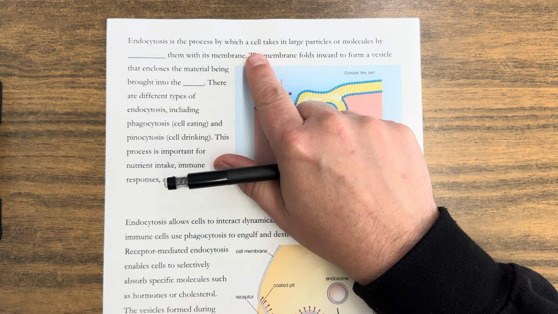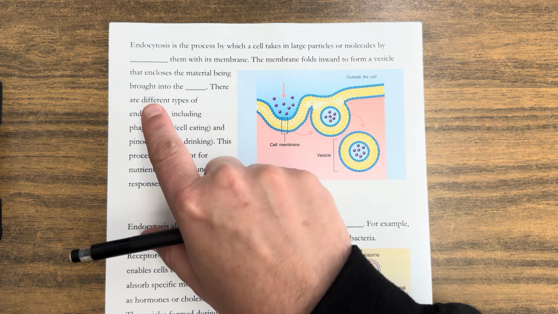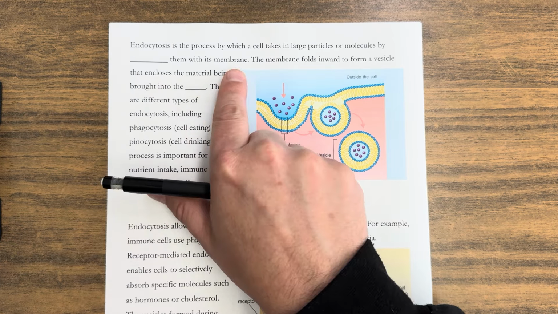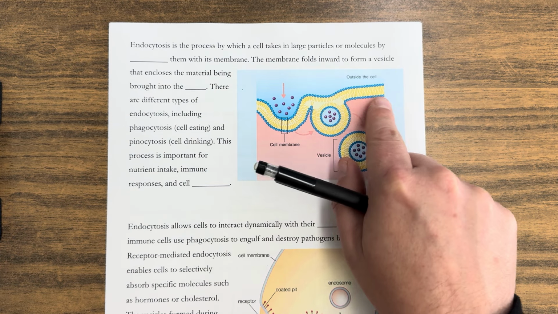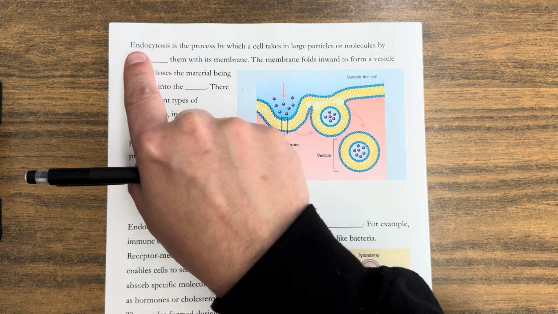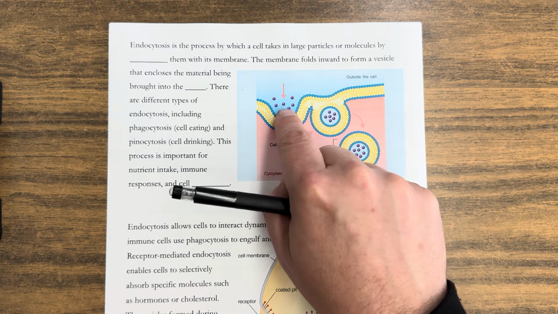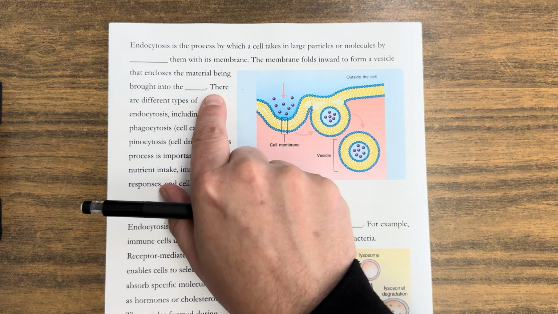Endocytosis is the process by which a cell takes in large particles or molecules by engulfing them with its membrane. And that's what you're going to see here. There's some stuff that's going to go into the cell. Endocytosis is going to use the cell membrane to wrap itself around those molecules.